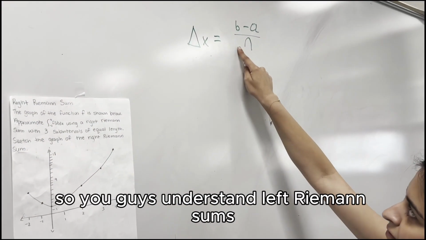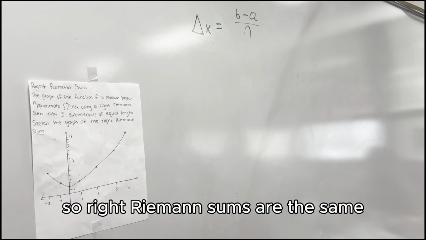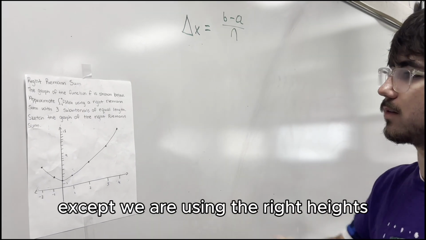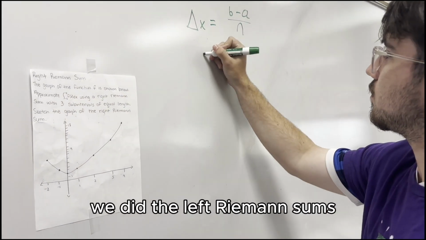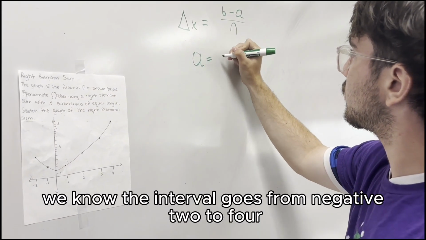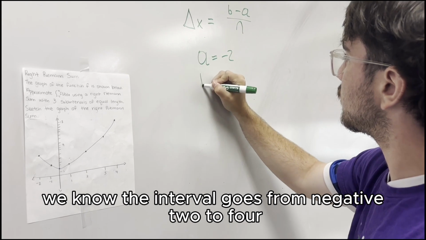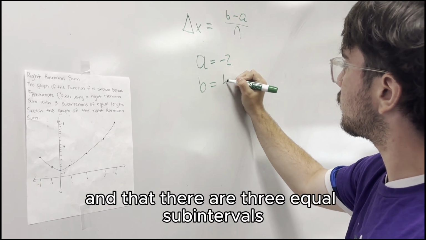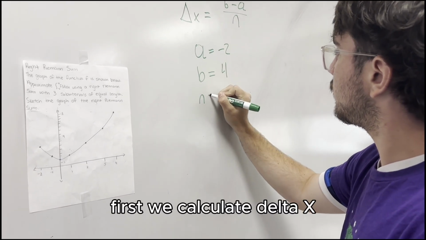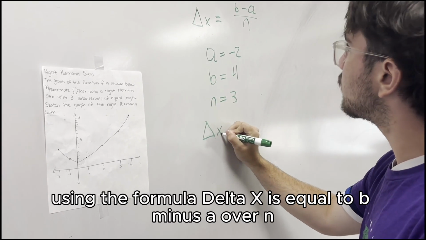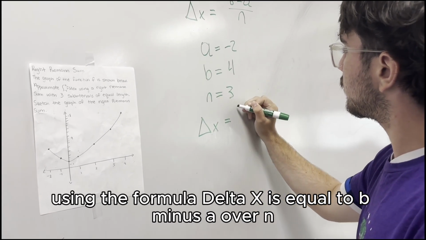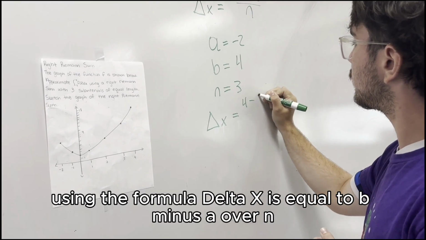Okay, so you guys understand left Riemann sums. So right Riemann sums are the same, except we are using the right heights. Since this is the same graph as the question we did for the left Riemann sums, we know the interval goes from -2 to 4, and that there are 3 equal subintervals. First, we calculate delta x to find the width of each rectangle using the formula delta x is equal to (b minus a) over n.